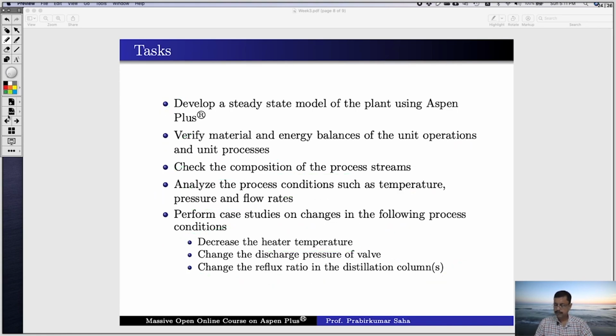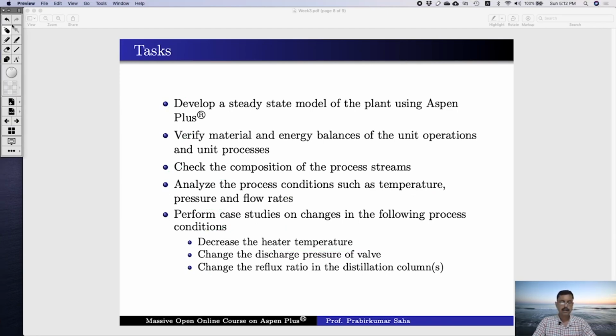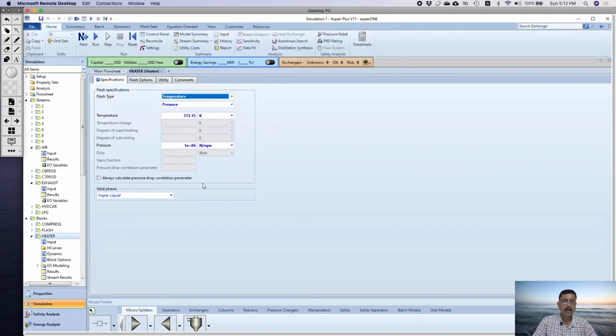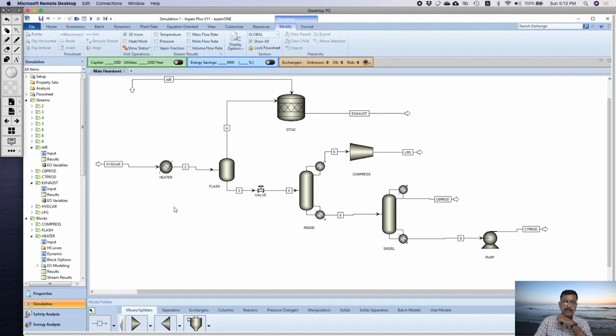Okay, so let us first go to the heater. Here the temperature was 40 degrees centigrade. Let us decrease it to 30 degrees centigrade and see what happens. Please note that earlier it was 40 degrees centigrade, now it is 30 degrees centigrade.